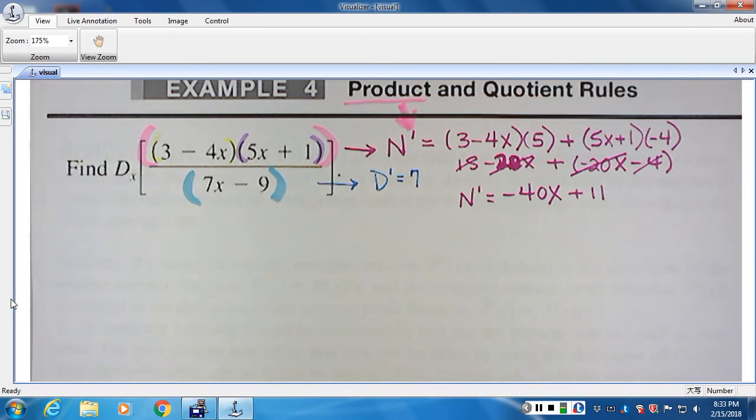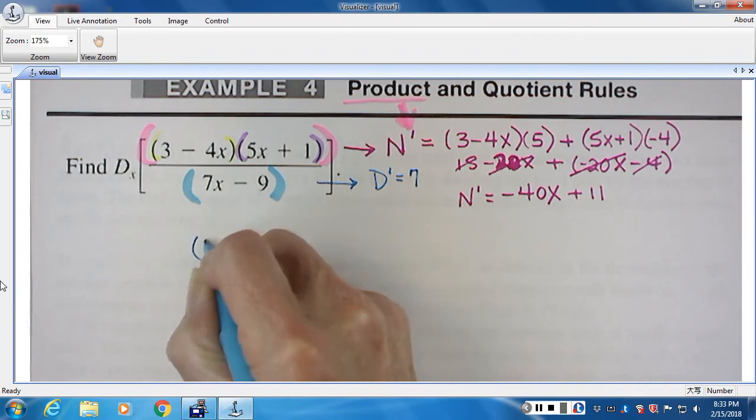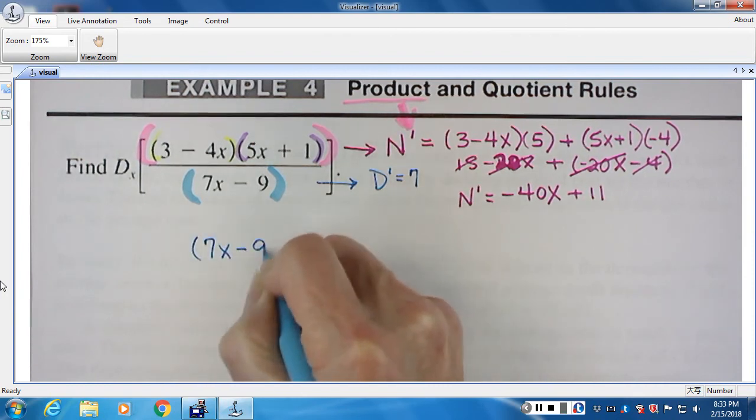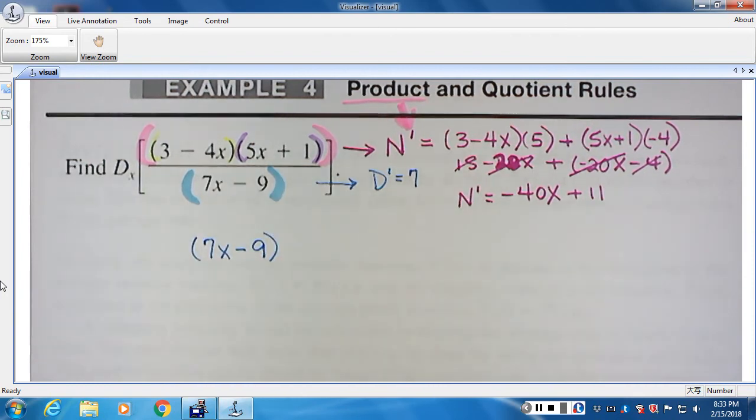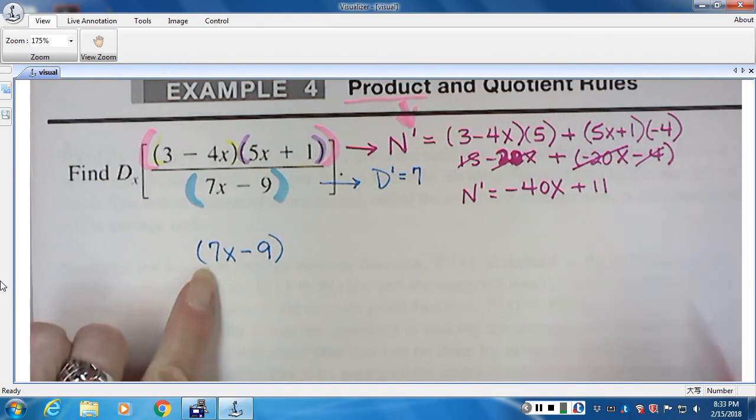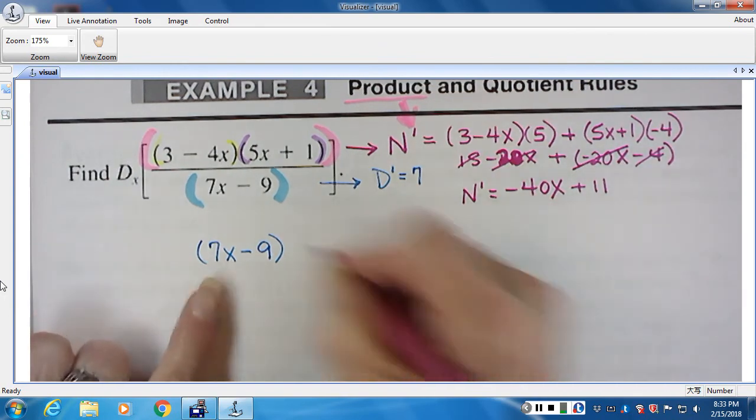So now I'm ready to take the derivative with respect to x of the quotient. So the derivative of my numerator times my denominator. My denominator is 7x minus 9. Always start at the bottom. The derivative of my numerator is negative 40x plus 11.